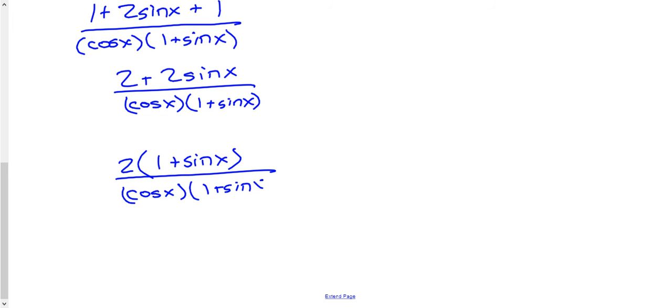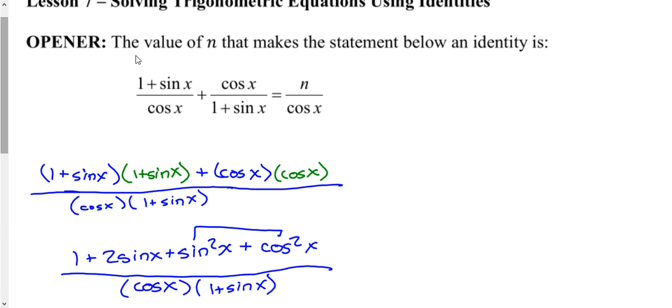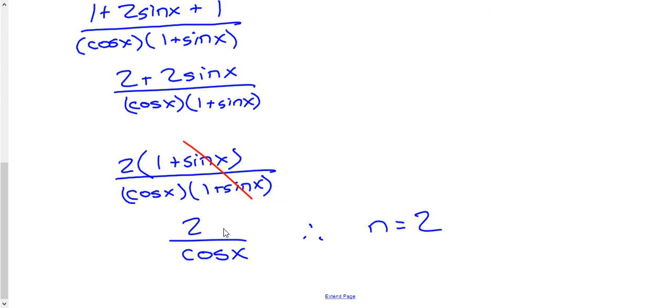And now finally we can cancel out our denominator and numerator's 1 plus sine x, leaving you overall with 2 over cos x. So therefore n has to equal 2, because if you look back at your original question, it was n divided by cos x, and we were looking for just a number in the numerator. Our number is just 2, so therefore n is equal to 2.